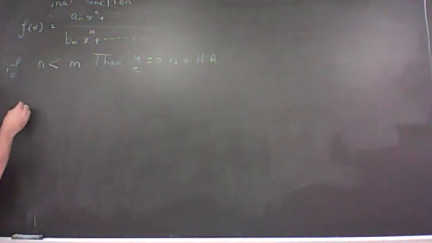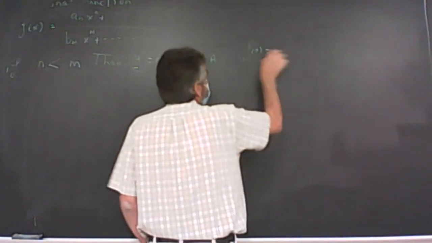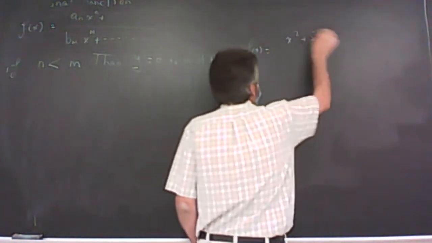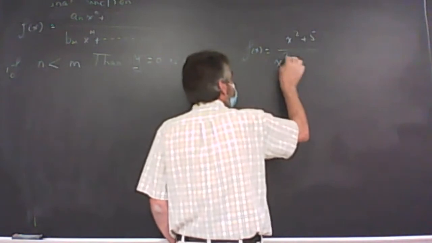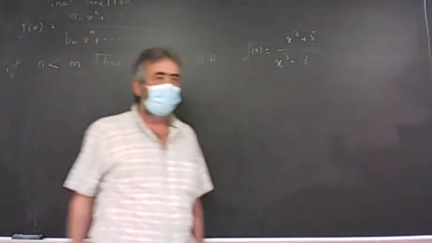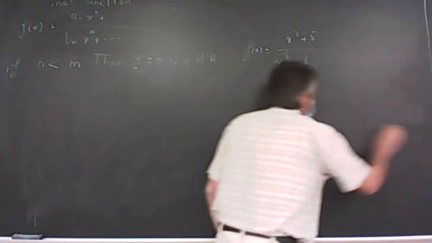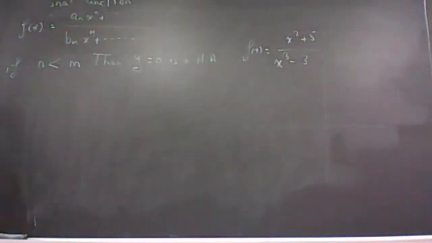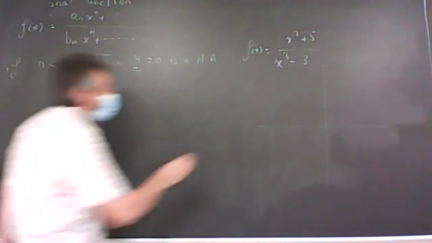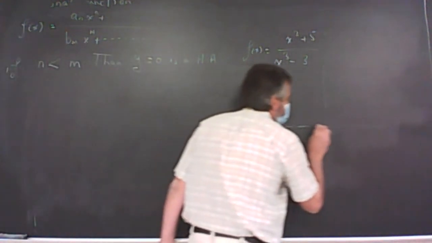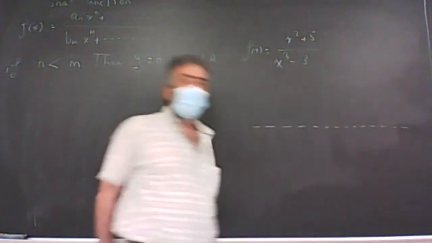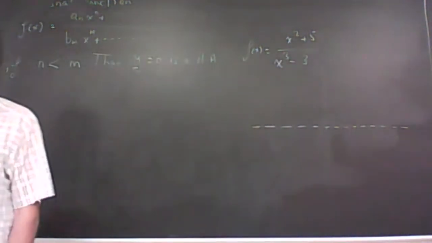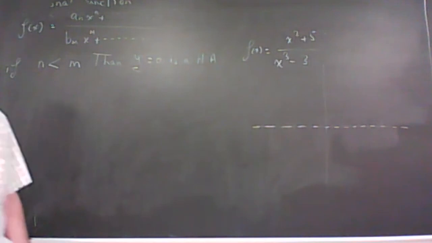Simple. So for instance, if we're looking at f of x equals x squared plus 5 divided by x cubed minus 3, this line, y equals 0, is a horizontal asymptote.